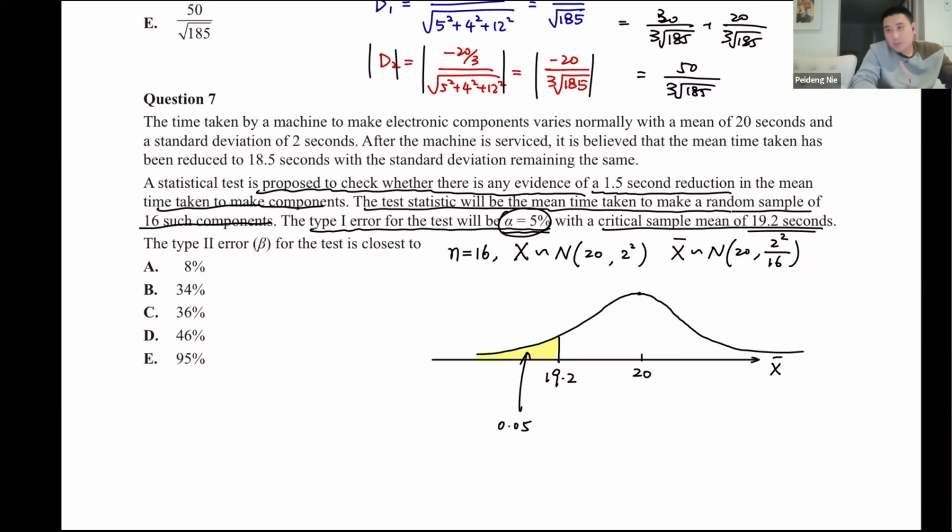And what does it mean by type 2 error? Well, in this circumstance, if the actual mean was 18.5 instead of 20, then the whole curve of the x bar is shifted to the left, like this.